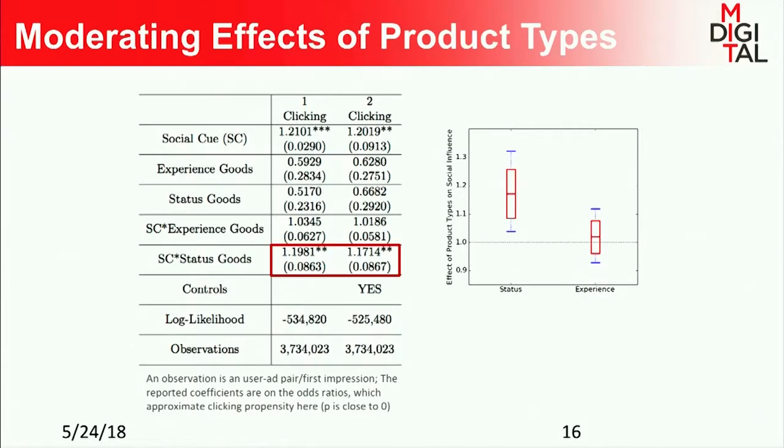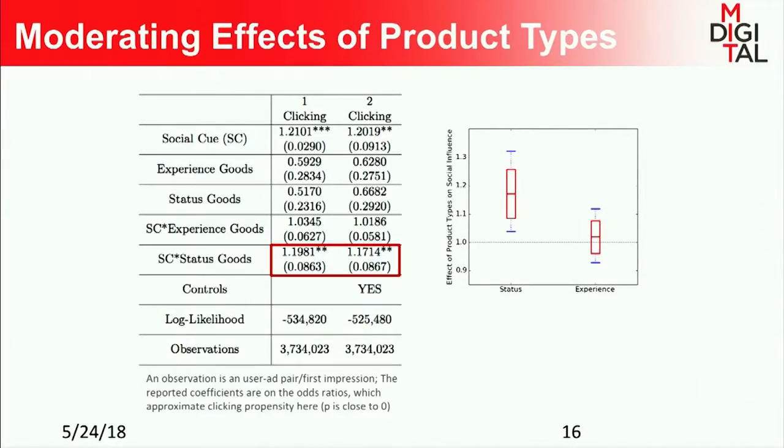We found that social ads are especially more effective for status goods than non-status goods, meaning that we have significant incentive to show our social status, or even want to maintain or increase our social status, through our consumption behaviors or the behaviors associated with product decisions.